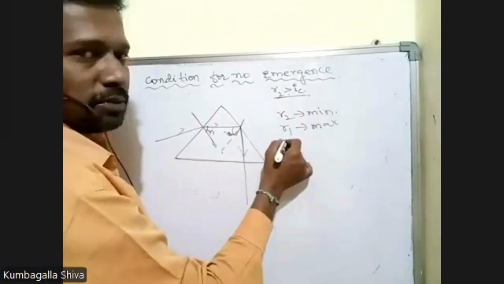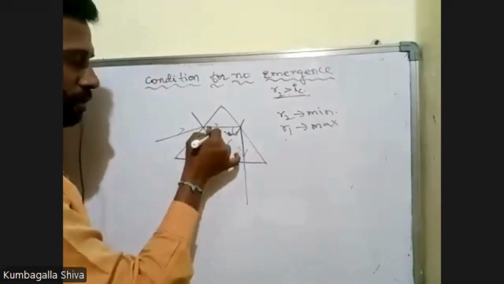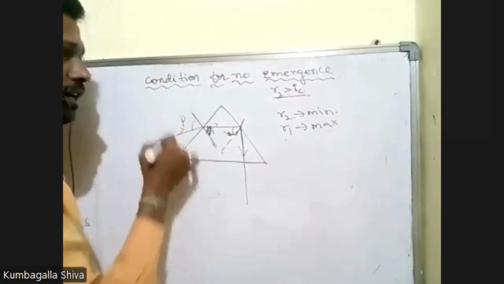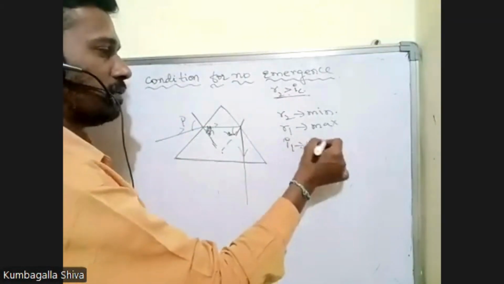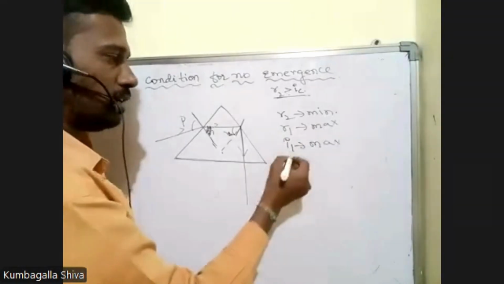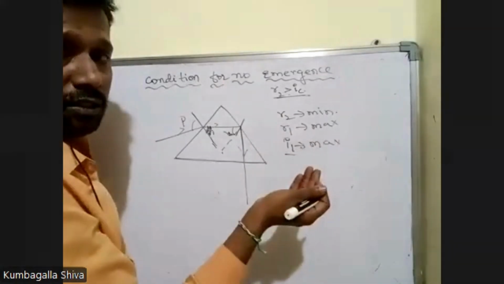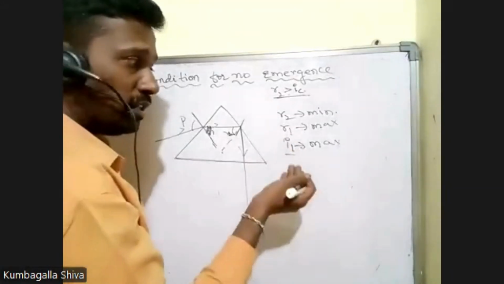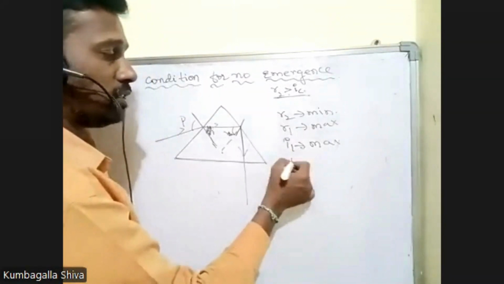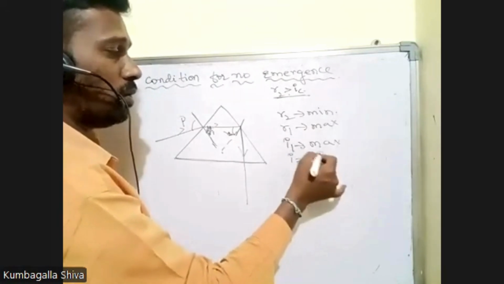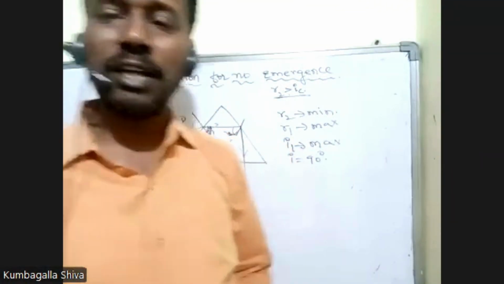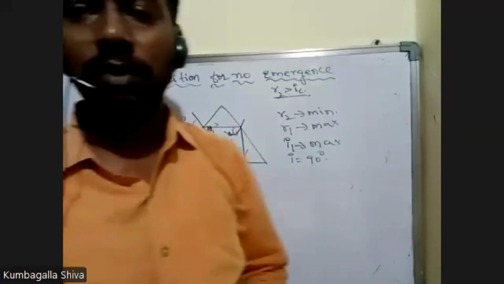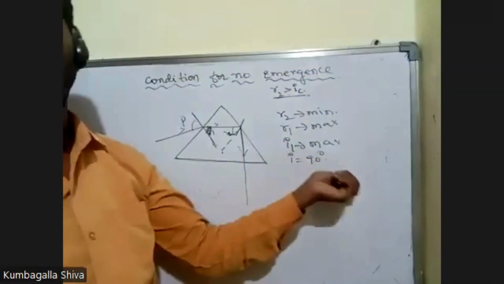When R1 is maximum, the incident angle I1 will also be maximum. This is only possible when the incident angle is equal to 90 degrees, because the maximum angle whose sine is defined is 90 degrees. That is why I chose I is equal to 90 degrees.